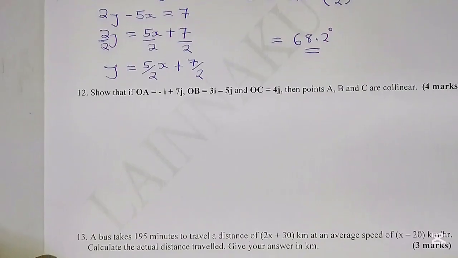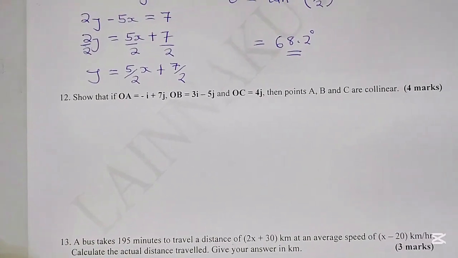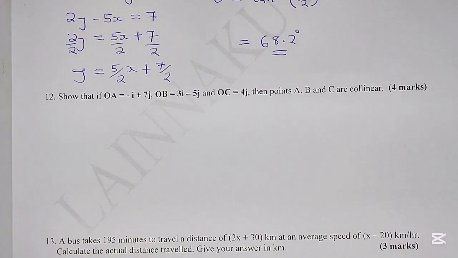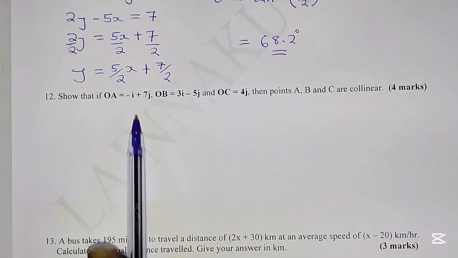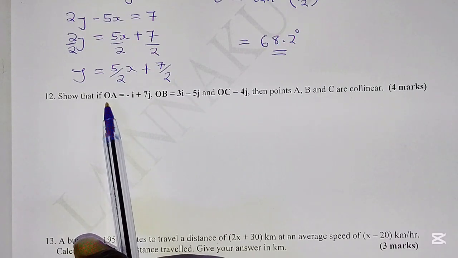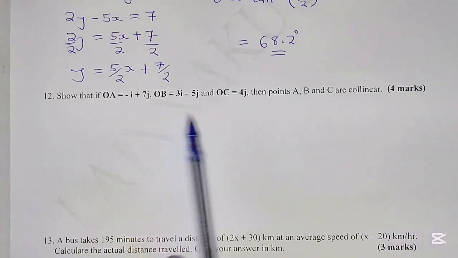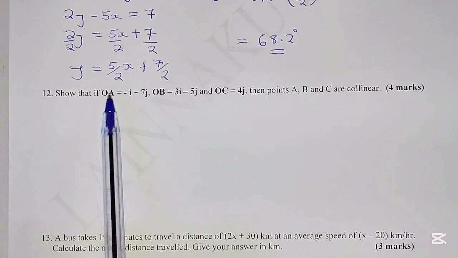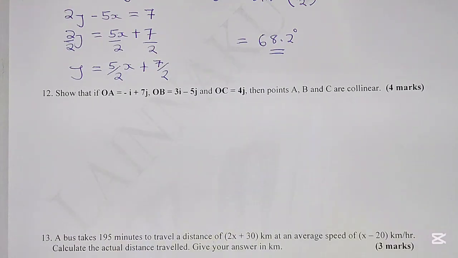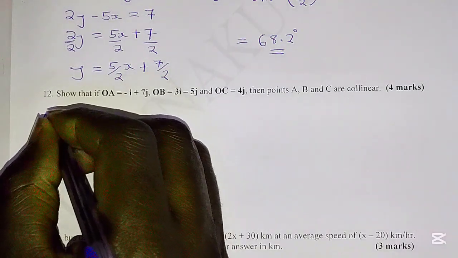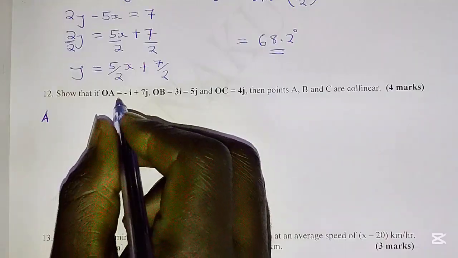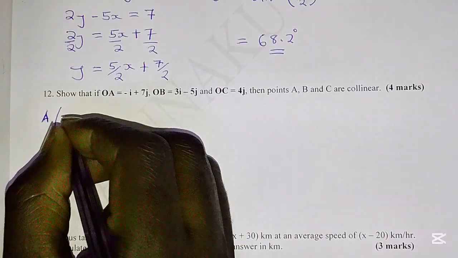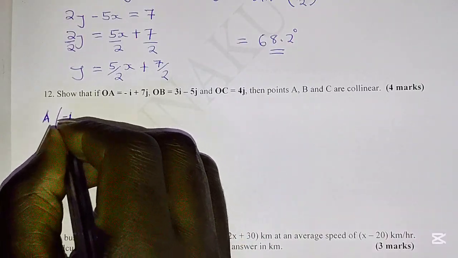Next, we want to talk about collinearity. Given the position vectors OA, OB, OC, show that the points A, B, and C are collinear. Now, for the points A, B, and C, we need first of all to identify point A. Point A, in this particular case, is made up of -1, 7.